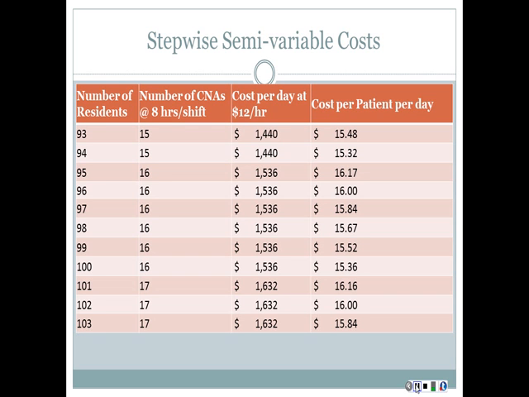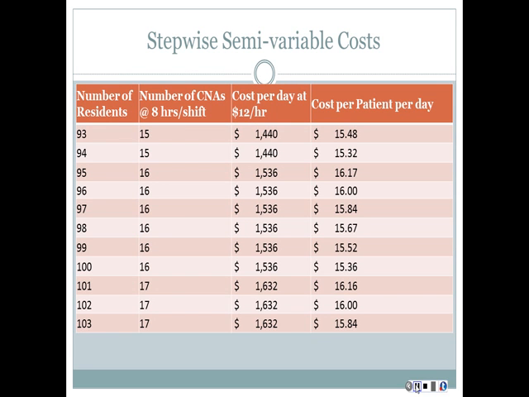We really needed then to get a few more residents coming in, so we're up to 97 residents to reach that $15.84 threshold. And then we were actually able to more than break even if we had 98 residents or 99. Even 100. We were down to $15.36 in costs, but our reimbursement was at $15.84, so we were making a few cents there.